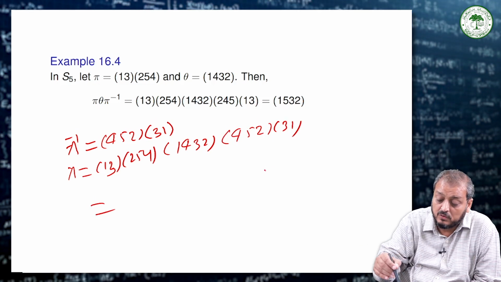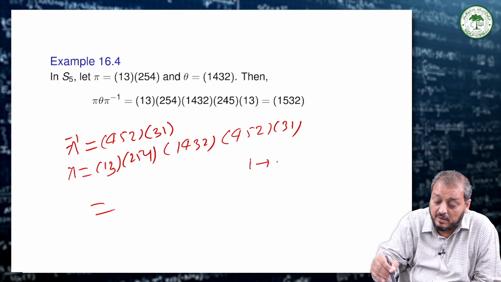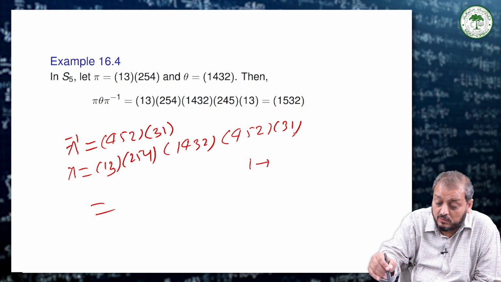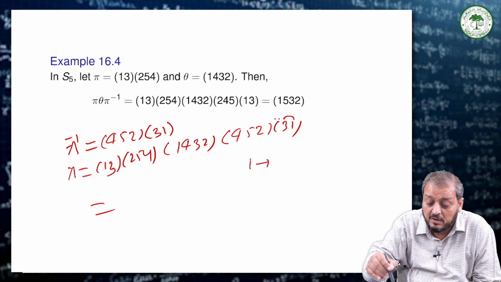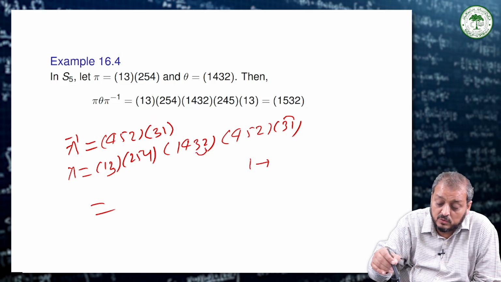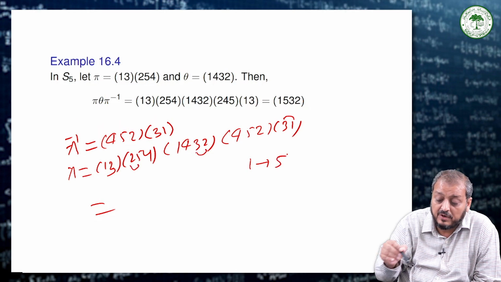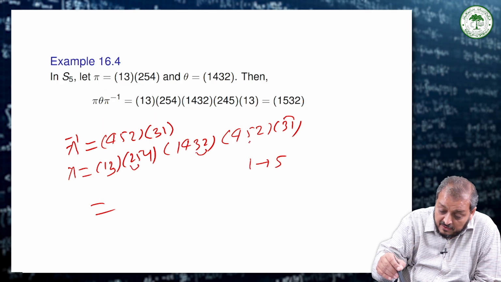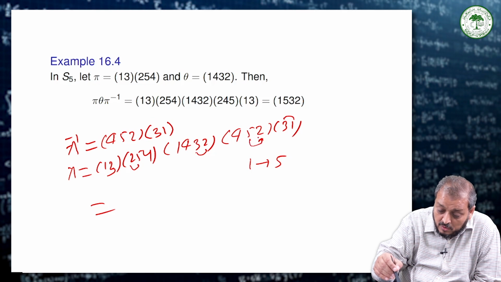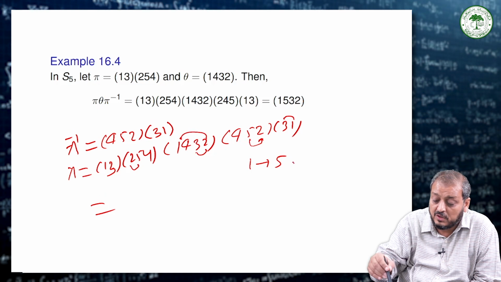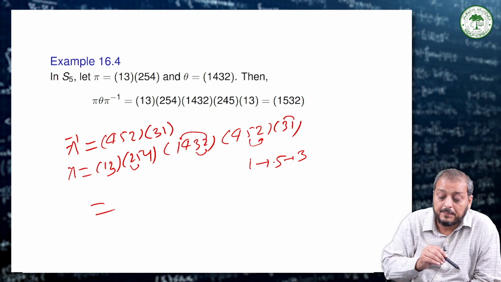So 1 goes to 3, and then 3 goes to 2, and then 2 goes to 5. So 1 goes to 5. Now 5 goes to 4, 2, and then 2 goes to 1, and then 1 goes to 3.